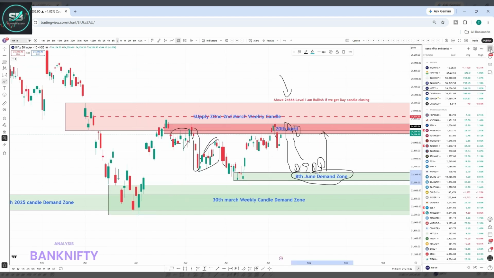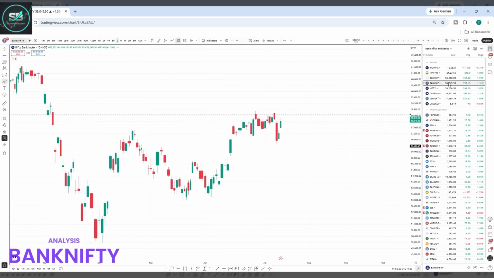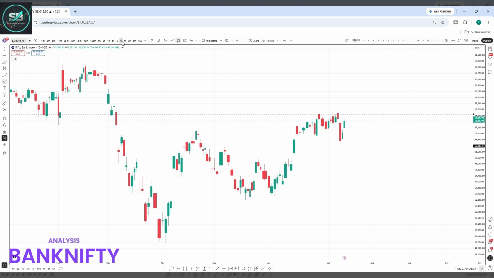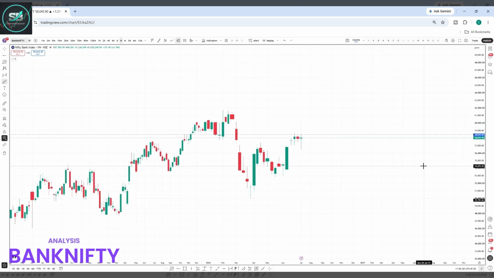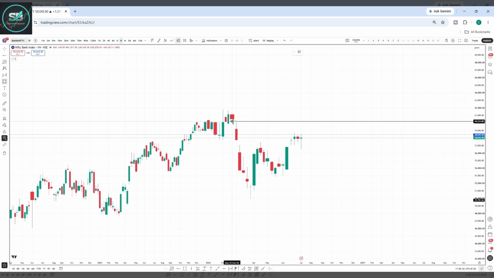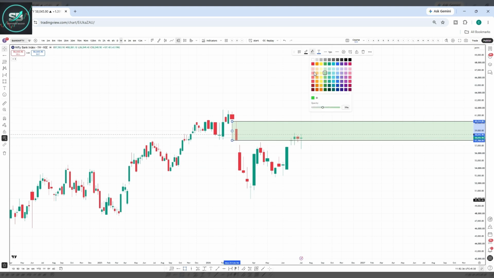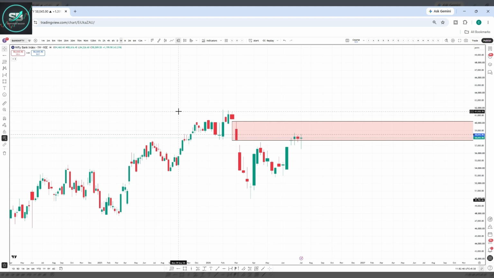Now let's see Bank Nifty analysis. In Bank Nifty, we will go on the weekly time frame. Compared to Nifty, Bank Nifty is a little strong. Here I have a weekly supply zone in Bank Nifty, and I also have weekly demand zones very close.